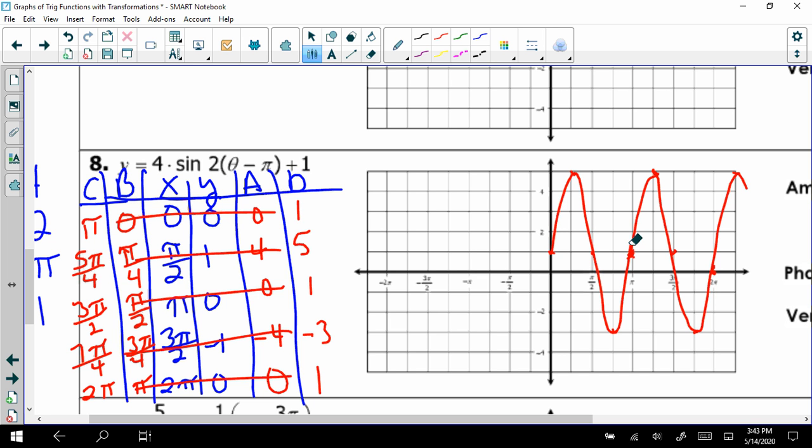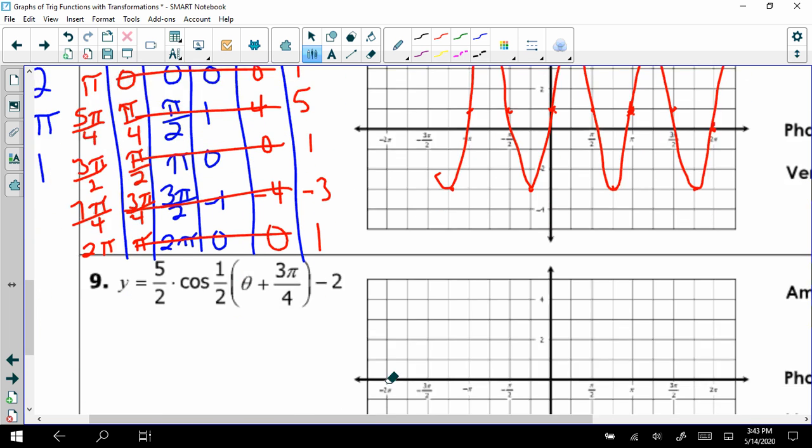I could keep going if I wanted to, but I won't. I'm just going to end it right there. Okay, so that is our sine with 4 transformations.